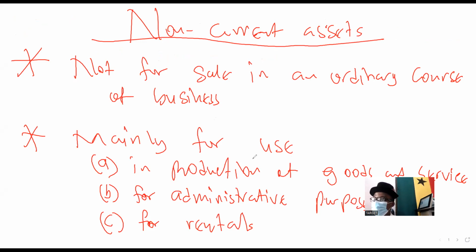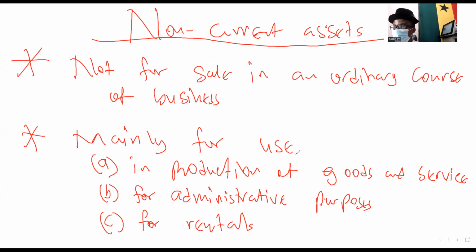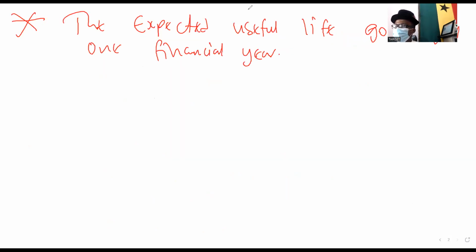If you say use in financial reporting, there are three ways of using an asset: either as your production plant for manufacturing your goods, or for administrative purposes, or for rentals. But their expected useful life goes beyond one financial year.